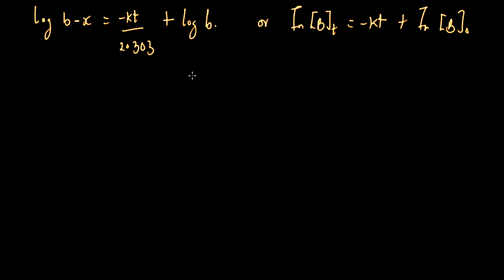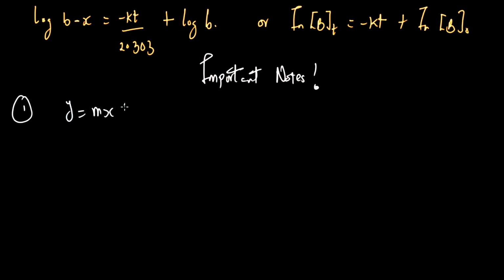So there are several important notes about the equation of the first order reaction. The first note is that the equation is of the form y equals mx plus c.